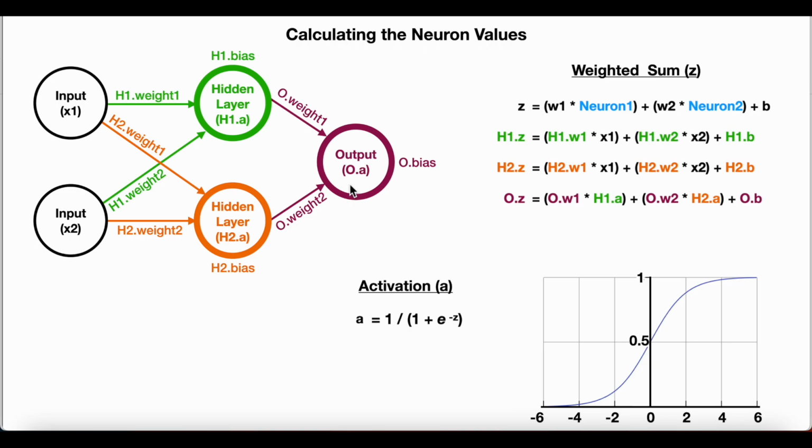So the formula is going to be output weight 1 times h1a plus output weight 2 times h2a plus the output bias. Then we're going to take the weighted sum and run it through the activation, which means just substituting the proper values of A and Z.